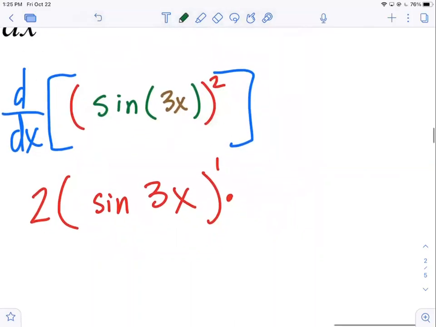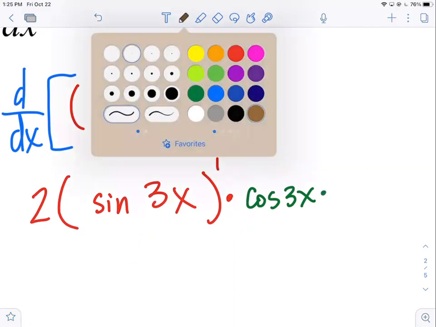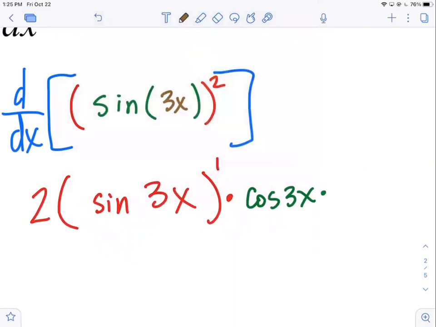The derivative of sine of blob is cosine of blob. No, you don't have to say to the first power. I do that for inventory reconciling purposes. I want to make sure that I've considered it and not just forgot it. And then times the derivative of 3x, which is 3. So there you go. Red factor, green factor, brown factor.